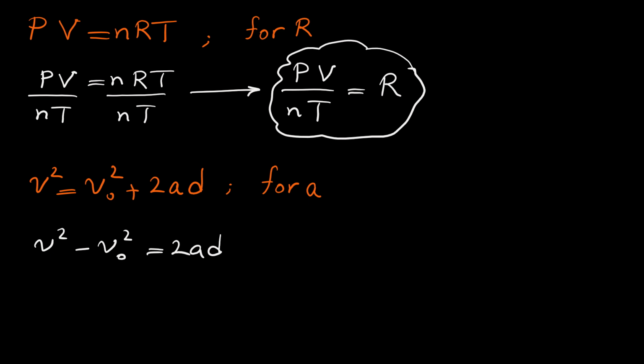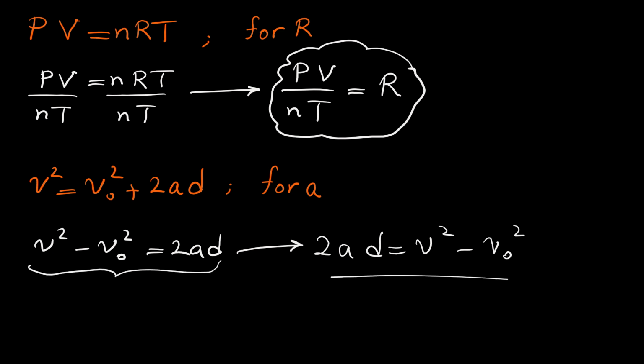Before we divide both sides of this equation by 2d to get rid of this 2 and d here, it's a good idea to rewrite this equation in the form of 2ad is equal to v squared minus v0 squared. The reason that it's a good idea to rewrite this equation in this form, attention, nothing is changed in the equation.